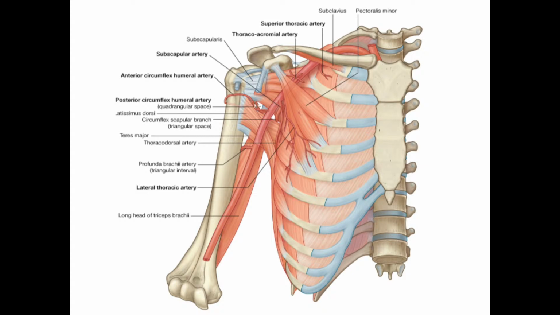And as you see here, we have the quadrangular space. So whenever on the quiz there is a question about where the posterior circumflex humeral artery is located, the quadrangular space might also be mentioned, right? And this muscle is latissimus dorsi, and it is above the latissimus dorsi, right?